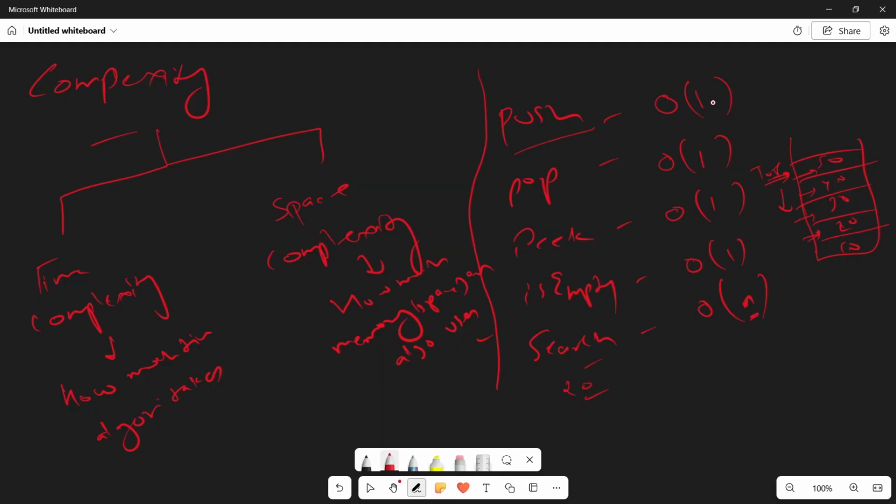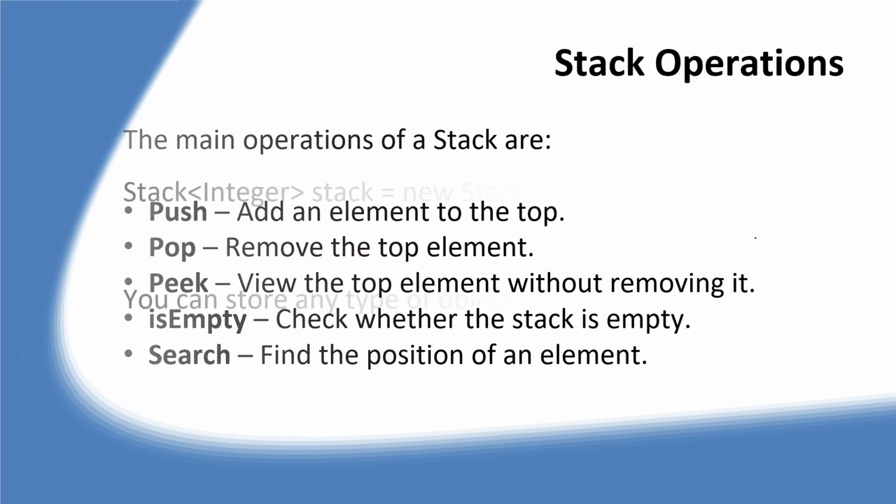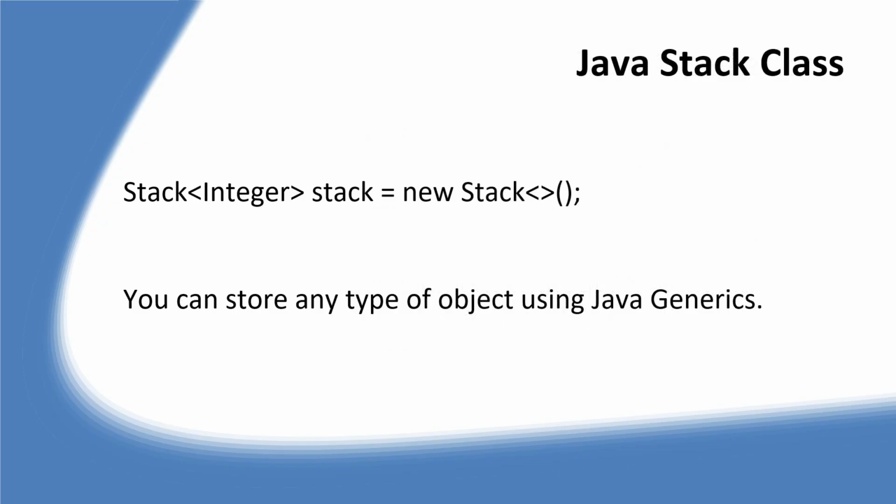For push operation, O(1) means it will simply add an element. For pop, it will remove an element. Peek just finds the top element. So for these operations we have O(1) time complexity, whereas for search we have O(n). These are the basic operations and how to define a stack class.